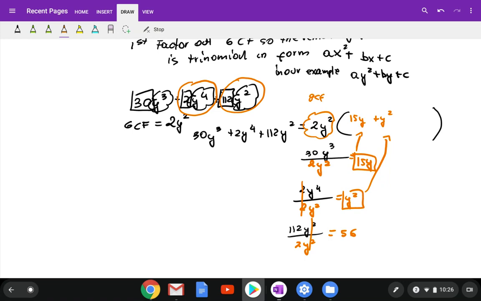Y squared divided by y squared is just 1. So that 56 goes inside the parenthesis.